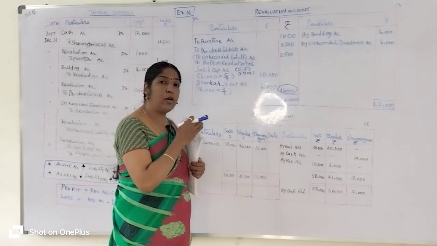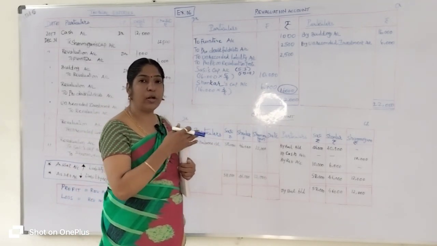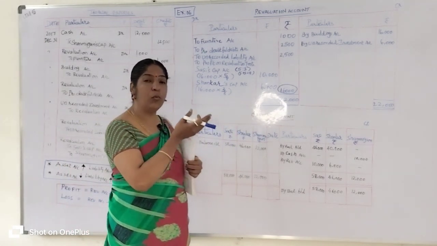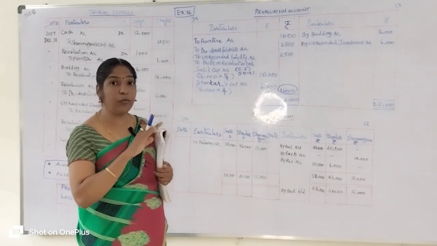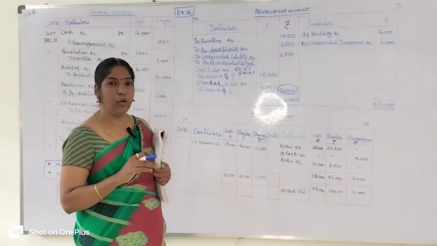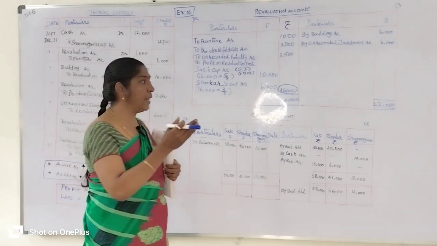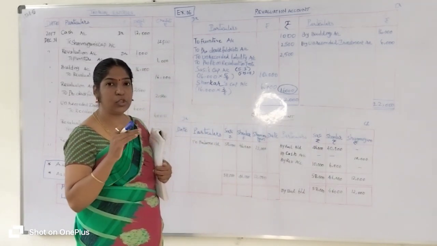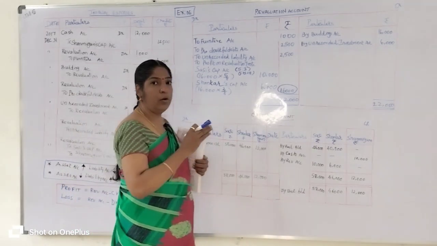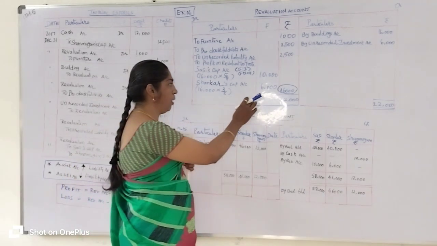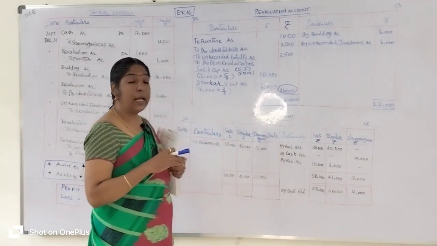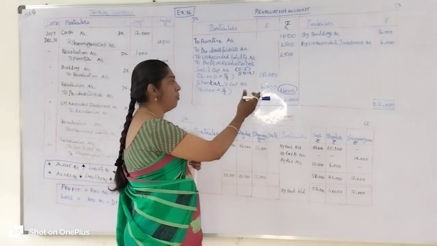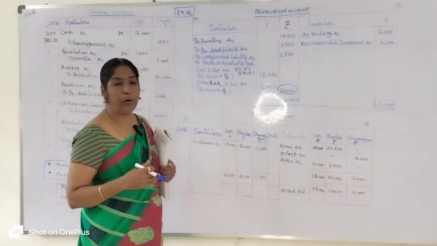Previous year profit belongs to whom, old partners or new partners? Previous profit or losses belong to the old partners, not the new partner. The new partner is not entitled to share the accumulated profit. It only belongs to the old partners because it is their hard work that earned that profit. So that accumulated profit belongs to the old partners' capital accounts.